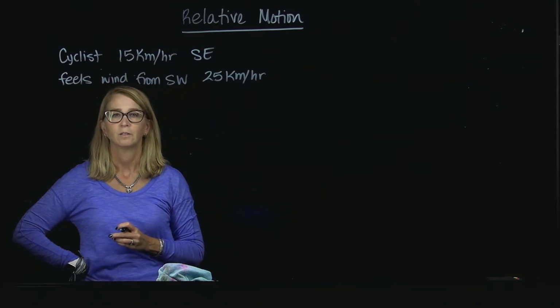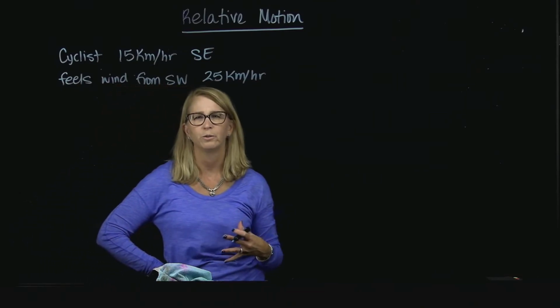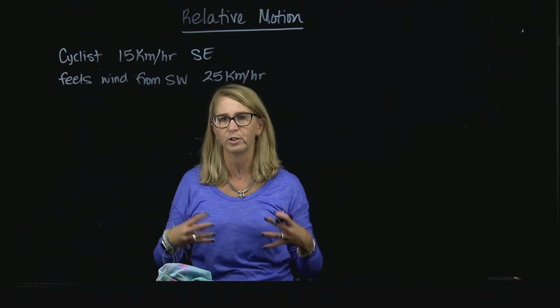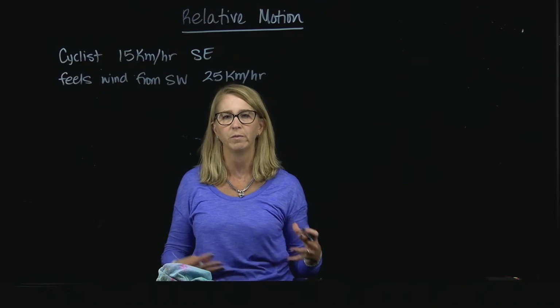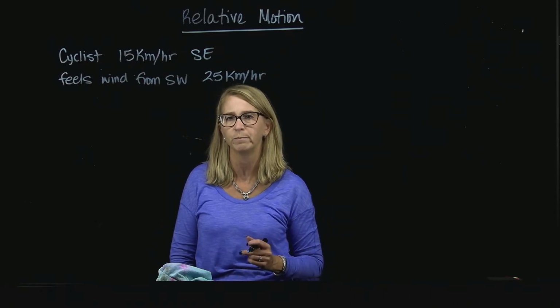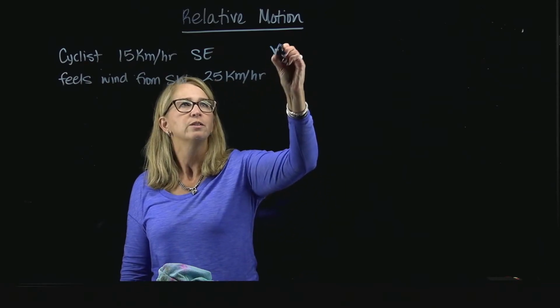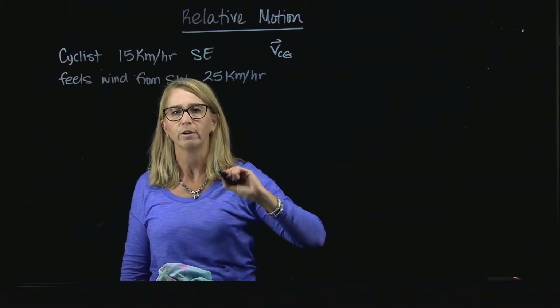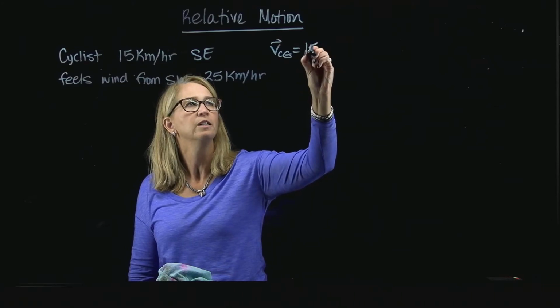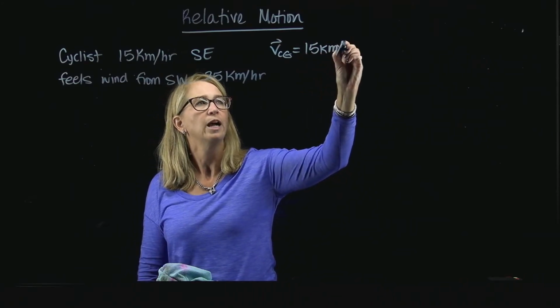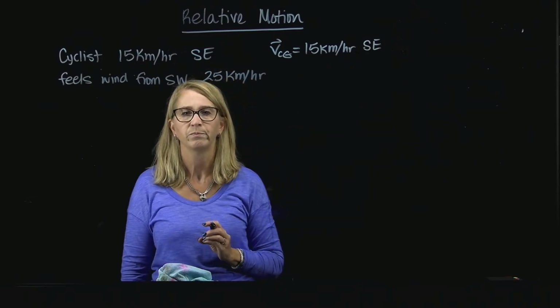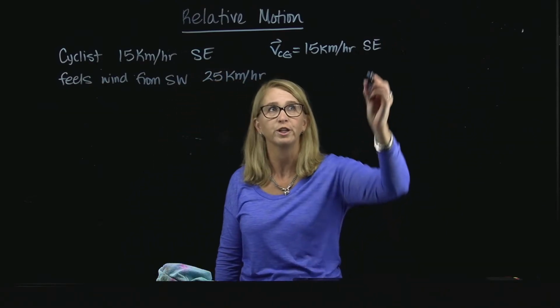So I want to try to attach some variables or names or descriptions to this that I could use in my expression for relative motion. So this is the velocity of the cyclist with respect to the ground, 15 kilometers per hour, but it's southeast. So that's a direction.